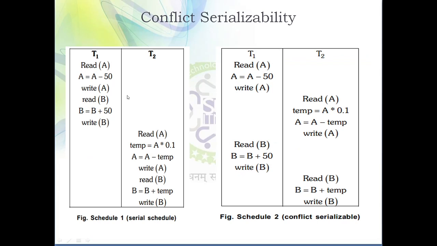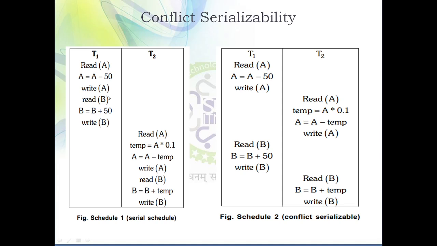So in this case, what I am doing here, you can observe, is that I want to swap the non-conflicting operations. I know that conflict occurs between, can I say that between this read A, write A, is there any conflict? No. In the same transaction there is no conflict, but conflict will occur between two different transactions. So here there is a possibility.